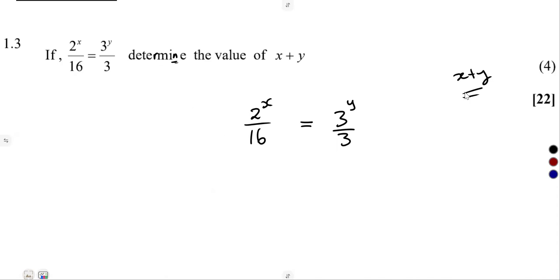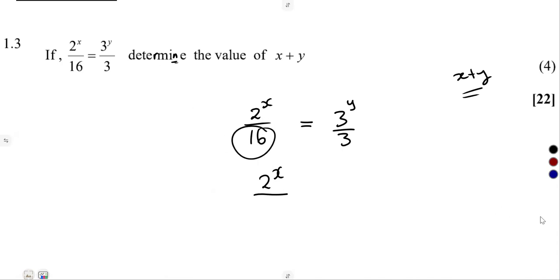Okay, how is that possible? Let's see. If we are to simplify the left-hand side of our equation, remember, this is the base of 2, and 2 is in the simplest form. That is, we are dealing with a prime number there. So 2 to the exponent of x cannot be written in any other way. It's just in simplest form.